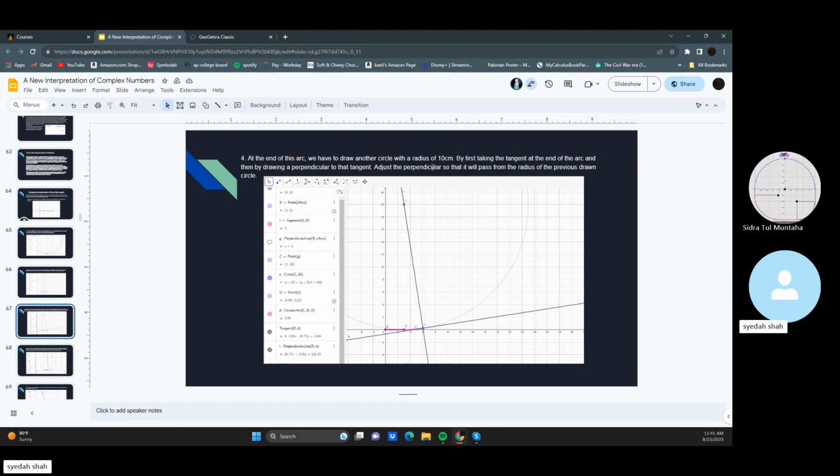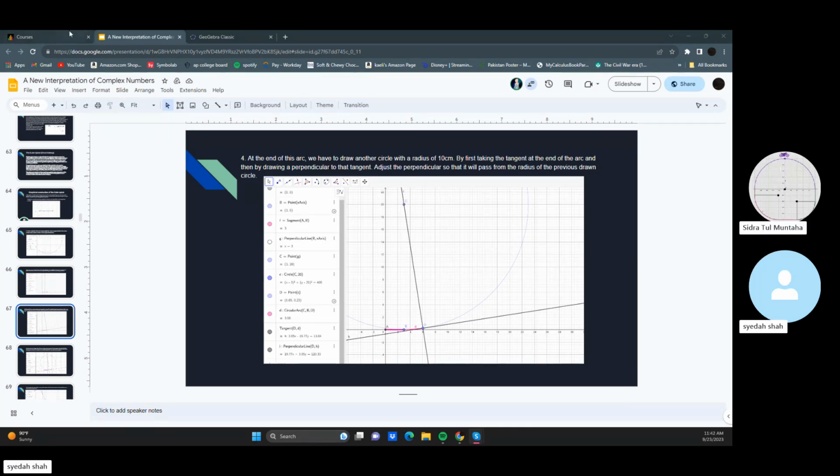Adjust the perpendicular so that it will pass through the radius of the previously drawn circle. So first we have to draw a circle and that radius must be 10.